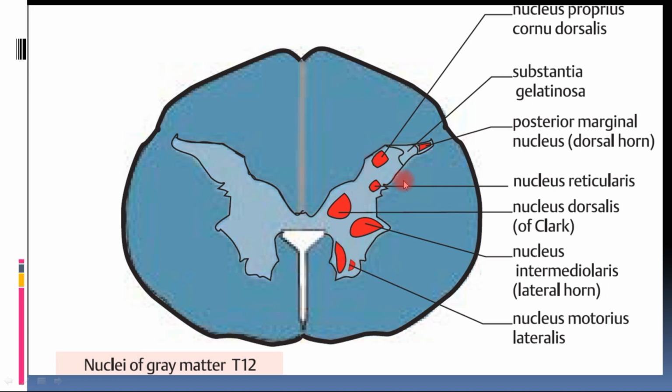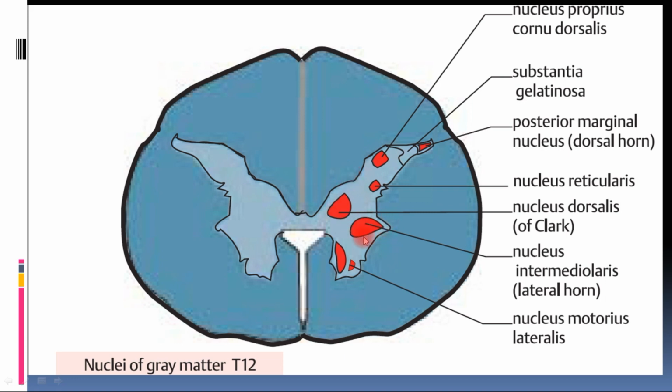So the dorsal horn is responsible for the sensory function, in which the nucleus proprius, posterior marginal nucleus, substantia gelatinosa, nucleus reticularis, and nucleus dorsalis or the Clark's nucleus are responsible for the sensory mechanisms involved in the spinal cord.